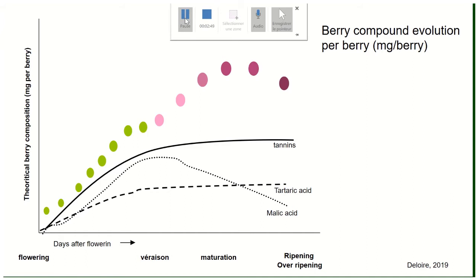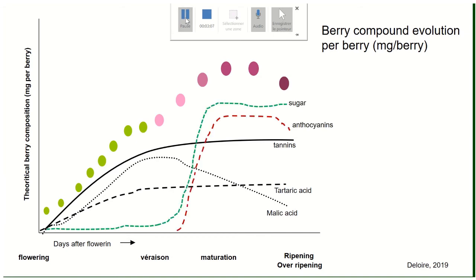So the compounds like malic acid, which are used for metabolism from veraison onwards, of course, see their quantity per berry decreasing, because obviously they are used to achieve something.